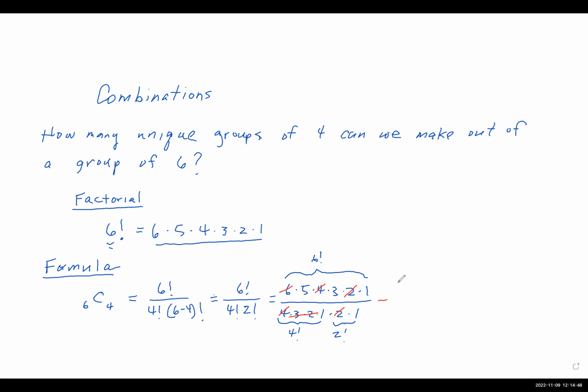So what do I have left on the top? 5 times 3 times 1, and on the bottom, 1 times 1. So I got 15 over 1. So there are 15 groups of 4 I can make out of that group of 6. Sounds like quite a lot.